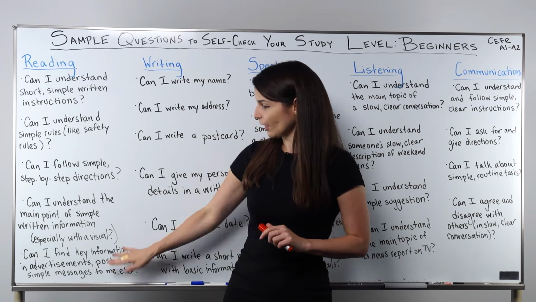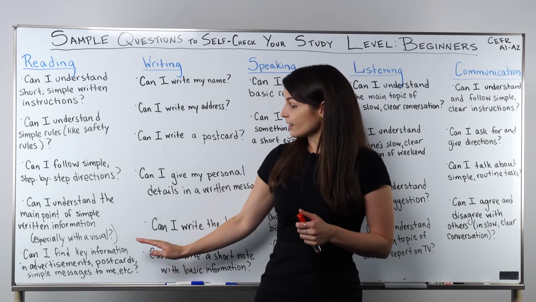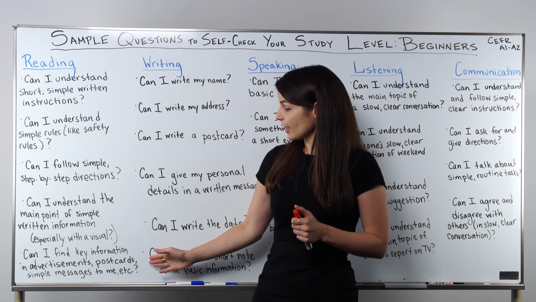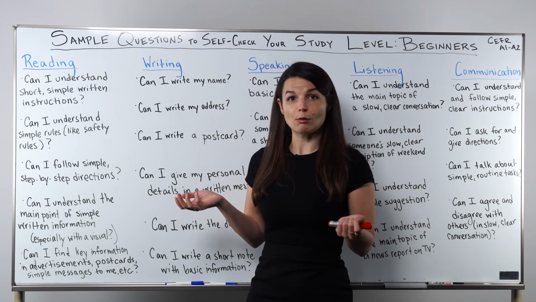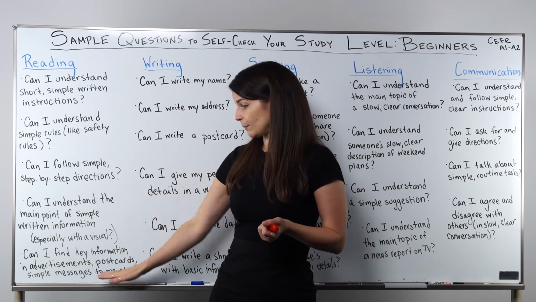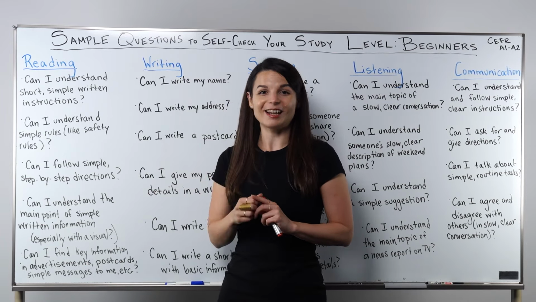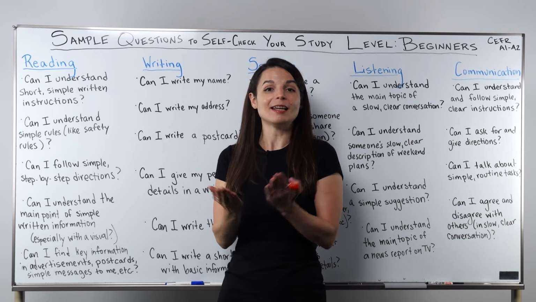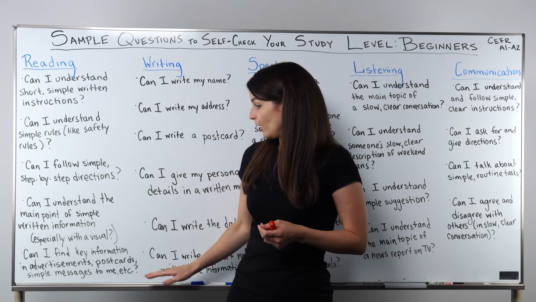Okay. Finally, the last sample question here is, can I find key information in advertisements, postcards, simple messages to me, and so on? Can I find key information in advertisements, so ads like you see on TV, you can read the information there, or you can read the information in a magazine or in a newspaper, those kinds of advertisements.